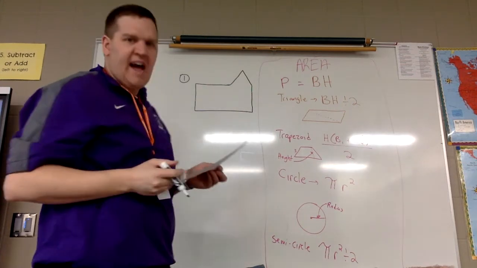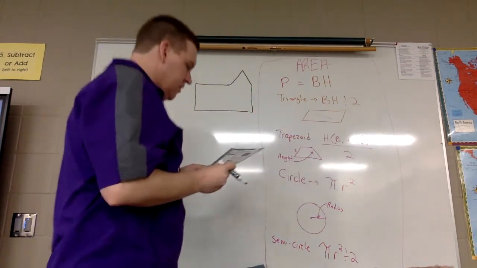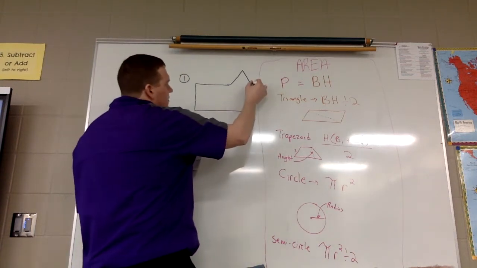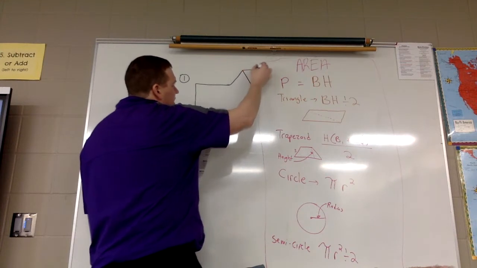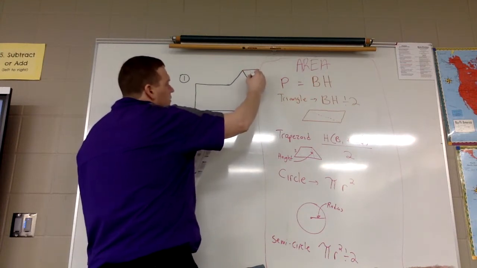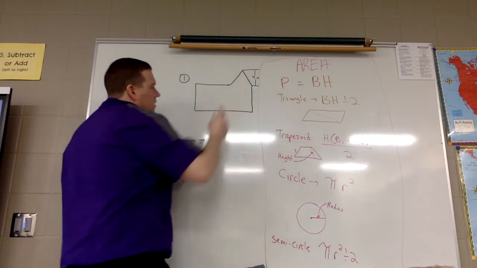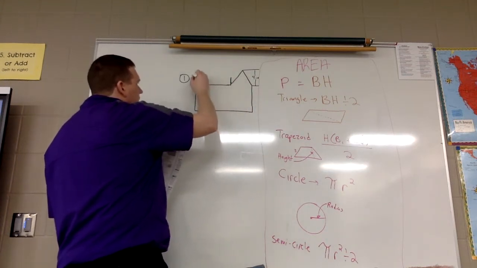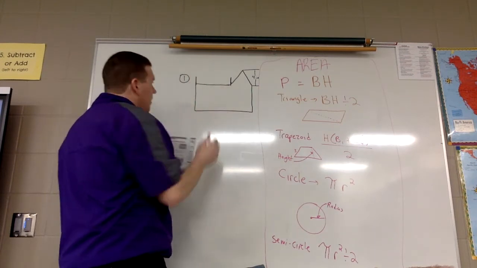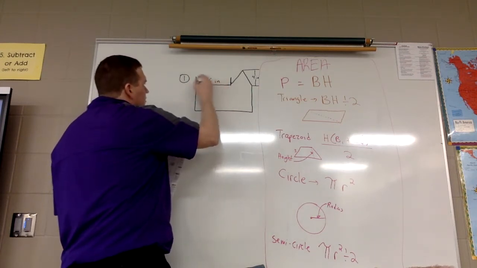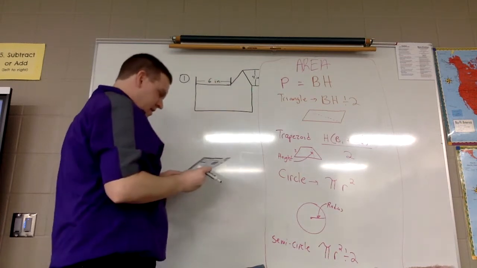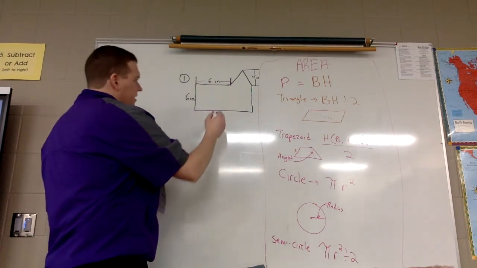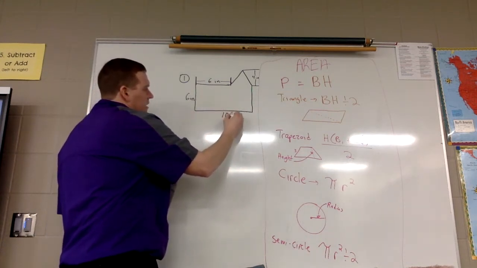Maybe like a castle, I don't know. It tells you that from here to here is 4 inches, and from here to here is 6 inches. Then this one straight up and down is 6 inches, and this one on the bottom is 10 inches.